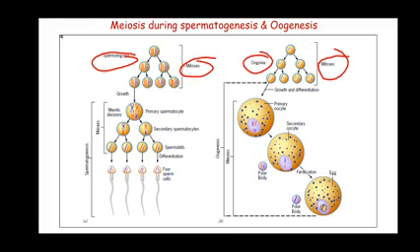They will be self-degenerating. That decrease in the number of these oogonial cells is usually referred to as atresia.